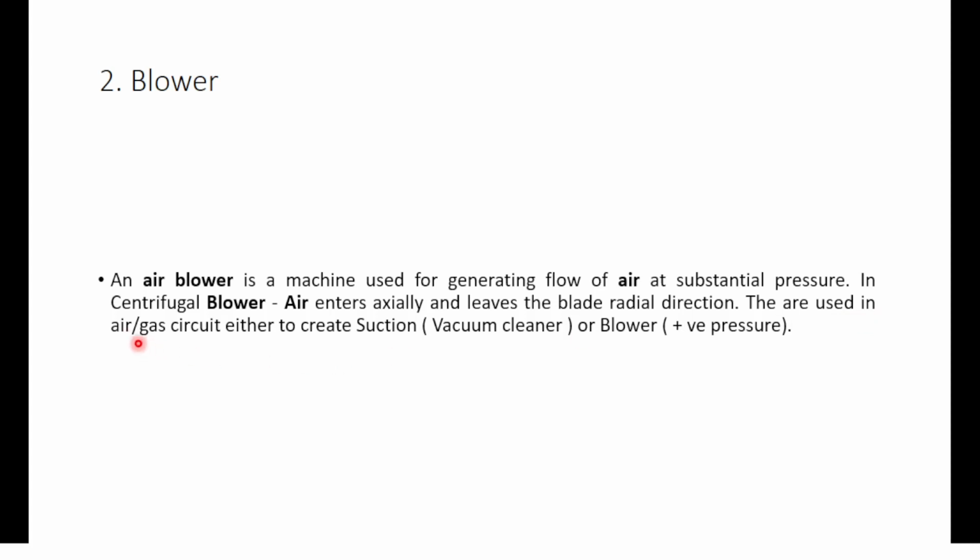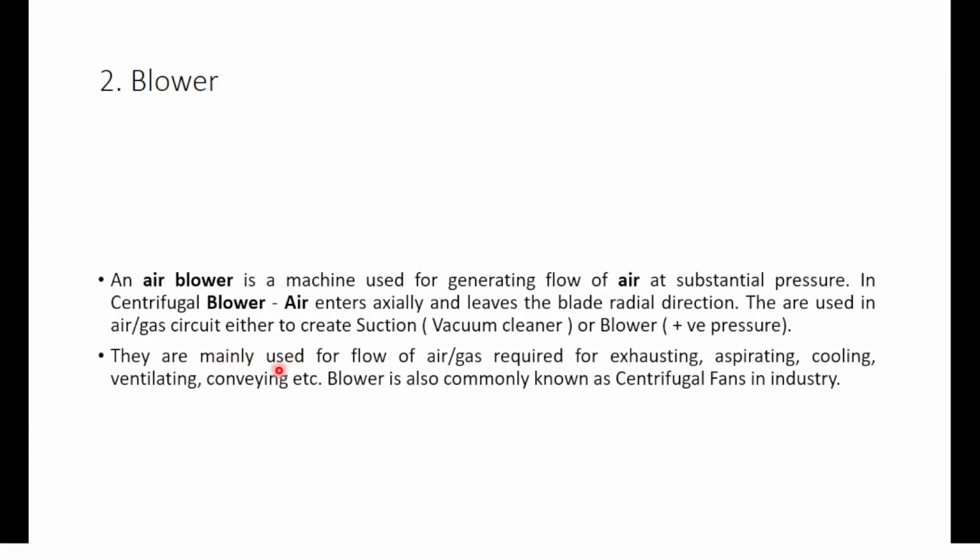Blowers are used in air or gas circuits either to create suction, as in a vacuum cleaner, or blow, giving positive pressure, right? They are mainly used for flow of air or gas required for exhausting, aspirating, cooling, ventilating, and conveying, etc.